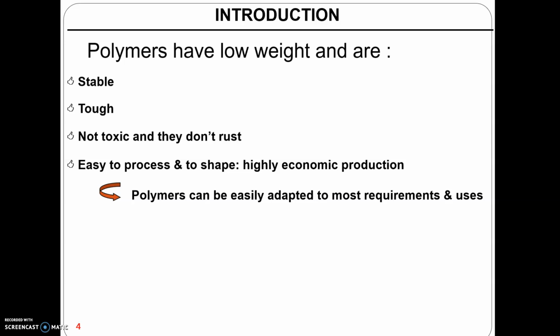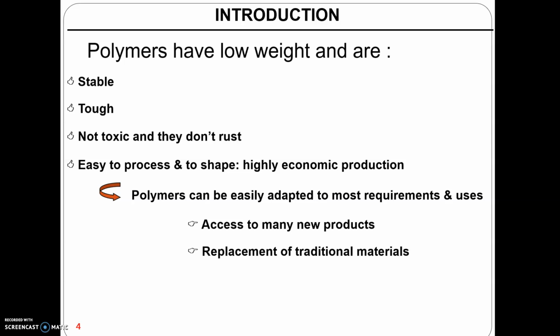So, the polymers can be easily adapted to most requirements and uses, leading to access to many new products and sometimes to replace many traditional materials. All these advantages are not only because the polymers are cheaper materials, but mostly because they are just better.